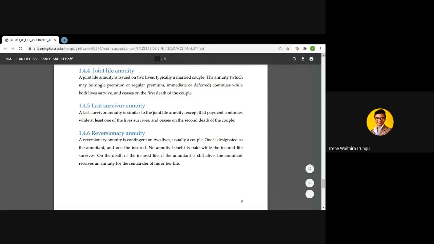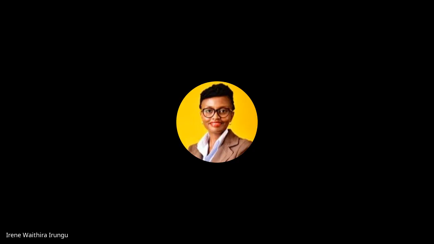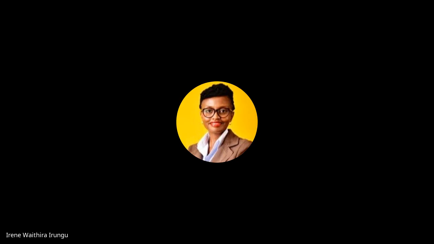When we speak of a reversionary annuity, it's still contingent on two lives, typically a couple, and one is designated as the annuitant, and the other one is designated as the insured. Those are the roles.